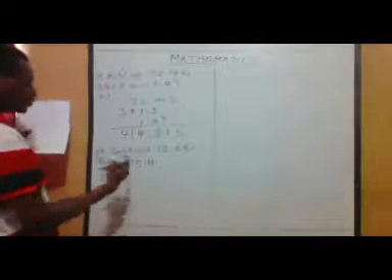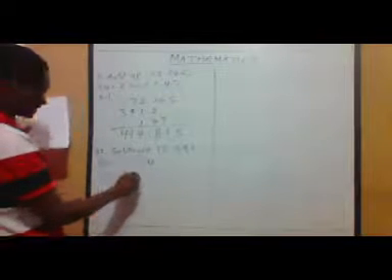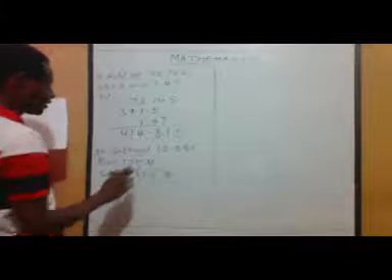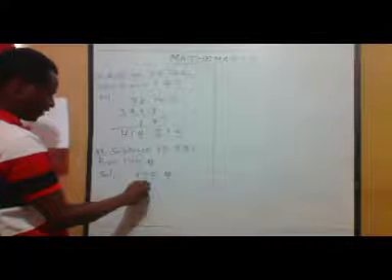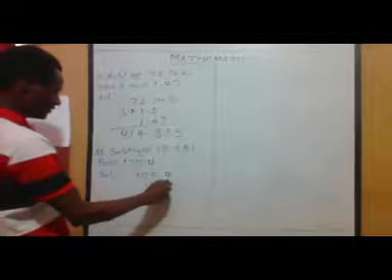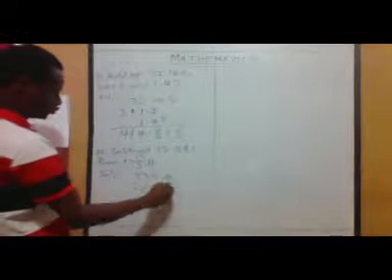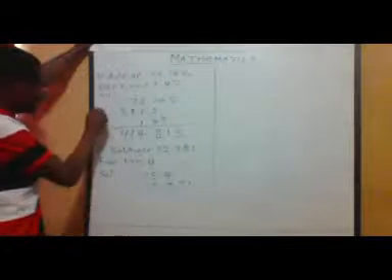I want to subtract this from this. That means I'm writing 175.4 first, that's 175.4 minus 12.251. Now look at this. I want to subtract.